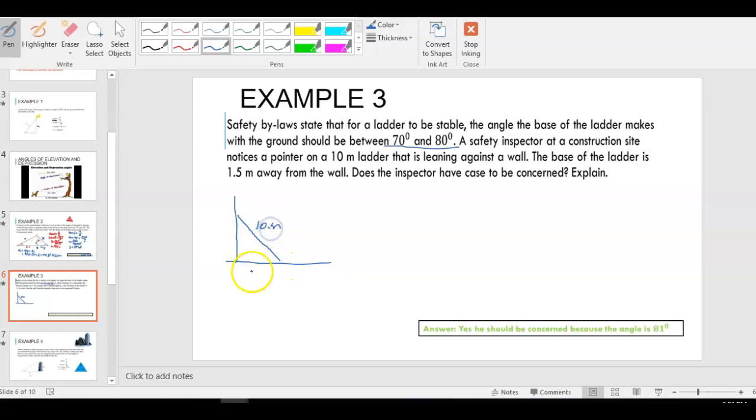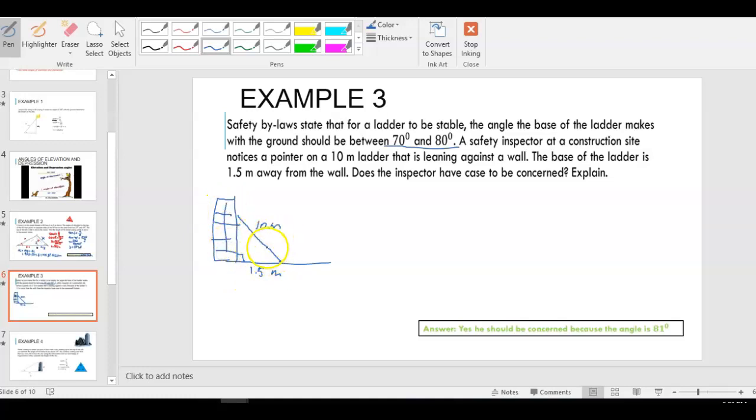Okay, this is the ground here, creating a 90-degree angle with the wall. And what other information we have? We have that the base of the ladder is 1.5 meters away from the wall. Here is the base of the ladder, okay? And this is 1.5 meters away. You can make this a building here if you want.